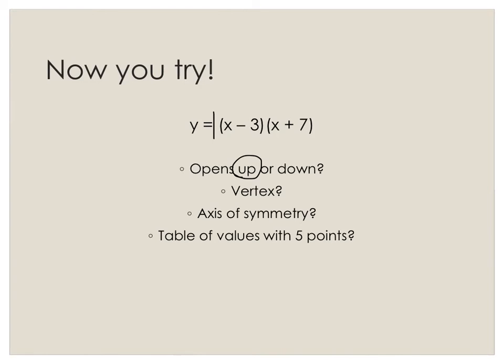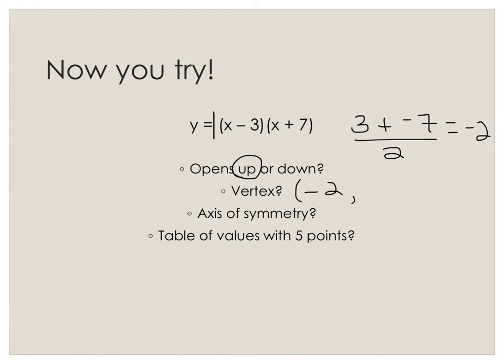Well, how do we find our vertex? Remember, to find our vertex, we have to do p plus q divided by 2. So we will do 3 plus -7 divided by 2, and we get -2. That is the x value.